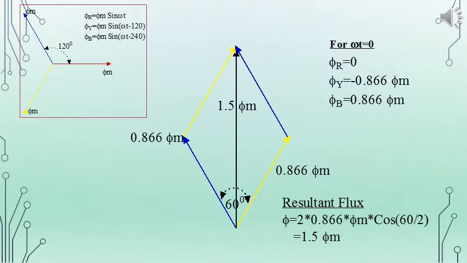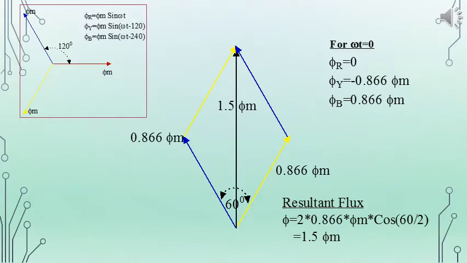With the color given to each phasor, we can understand why the direction is selected so. For phi y, it is taken in the opposite direction to the original phi y direction, because the magnitude we obtained for phi y at omega t equal to 0 is minus 0.866 phi m.